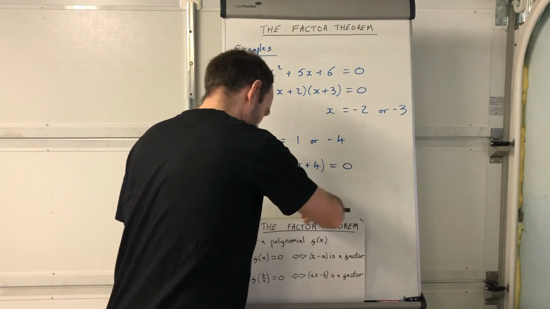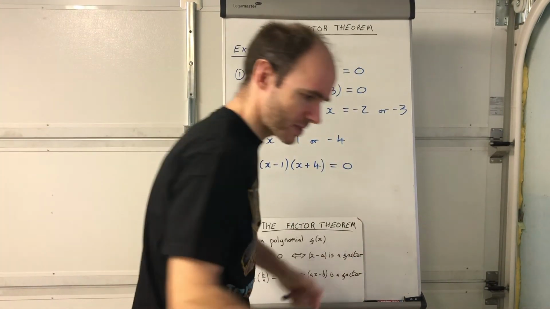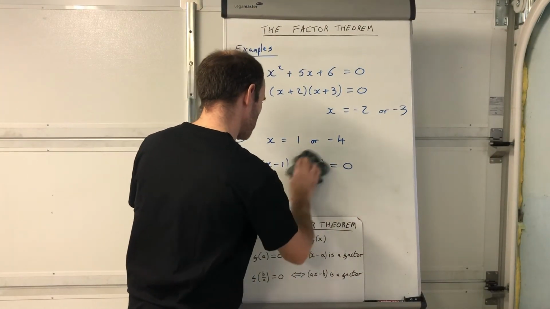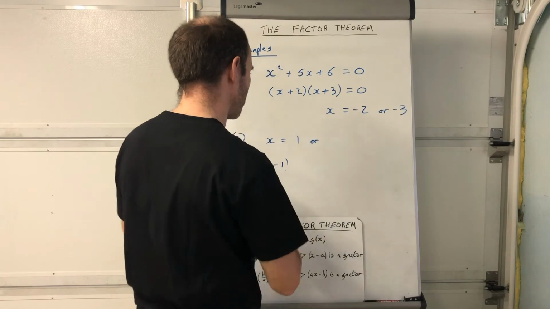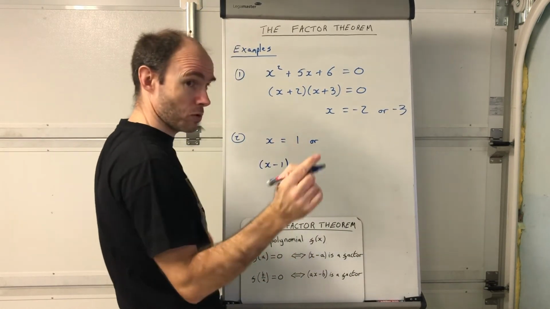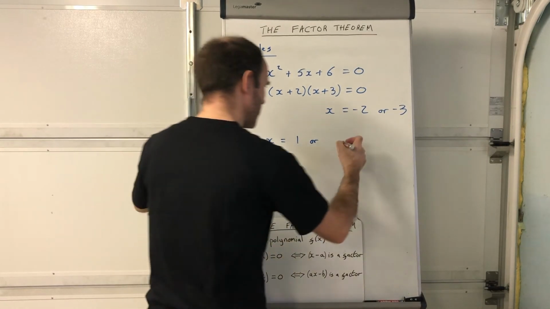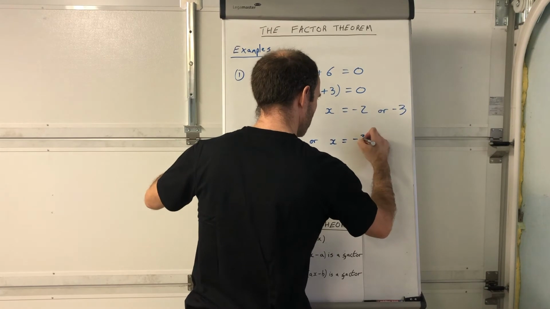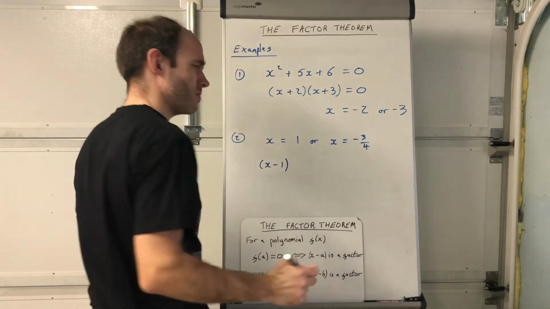What about the bottom line? Let me adjust this example slightly. Suppose I give you two roots: x equals 1, so that's a factor, and x is equal to, let's say, negative 3 over 4. Would you be able to write down what the other factor is?